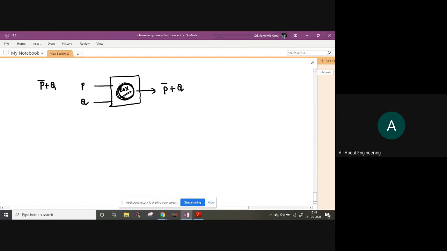You might ask, there might be NAND or AND gates and all this stuff in this box, but really those don't matter. From my point of view, I am giving P and Q as my input, and my output is P bar plus Q, and I am giving to a box and I am getting this functionality.